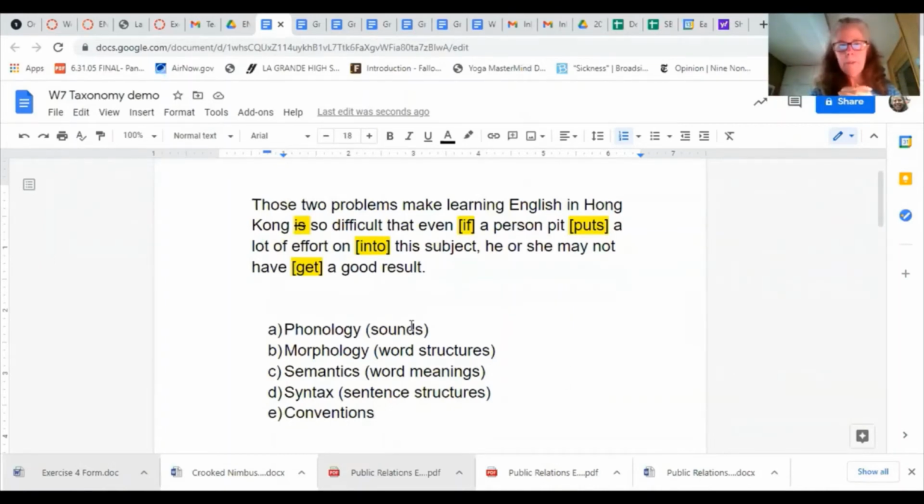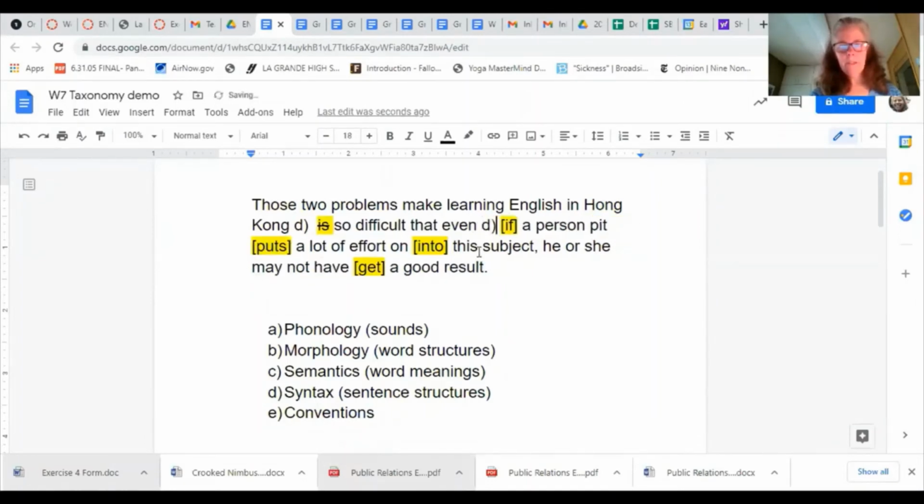Okay, those two problems make learning English in Hong Kong is, so I think for me this is a syntax issue, this one. So I guess I'll put a D there. Even a person, it's a missing word. Again, I feel like that's a syntax issue. This looks to me to be a phonology issue.